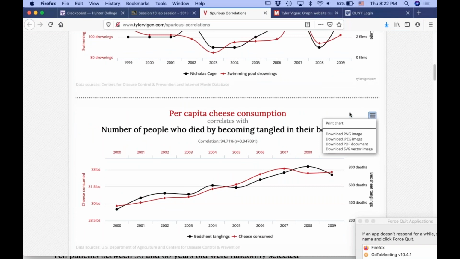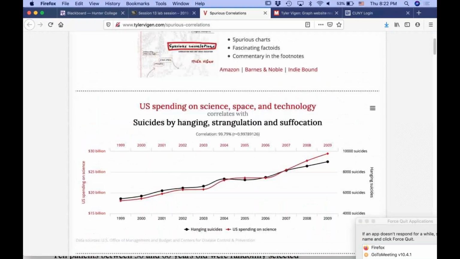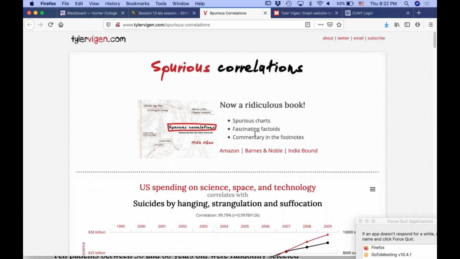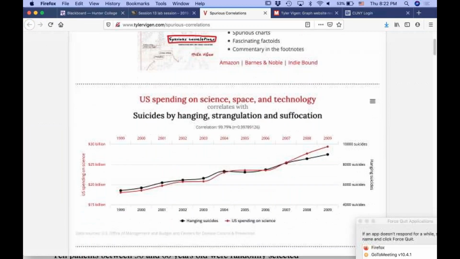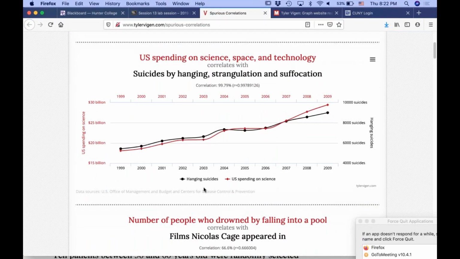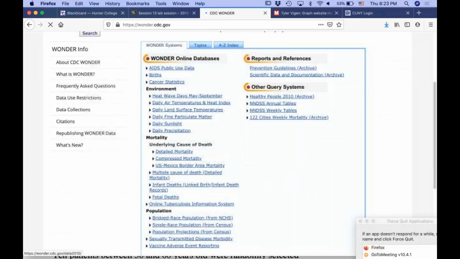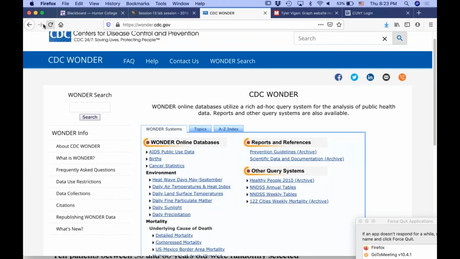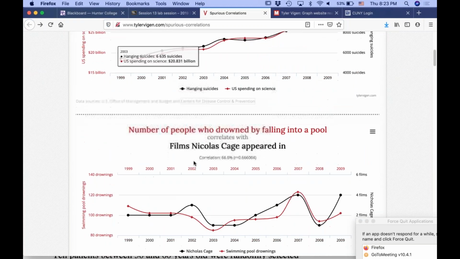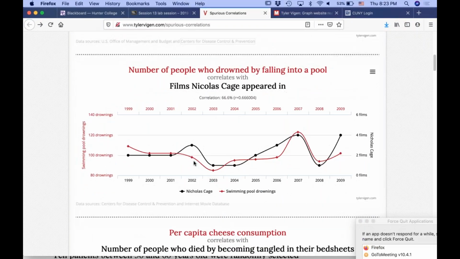Maybe I got to do this. No, I don't want to download it. Let me reload the page. Nope, that's not what I want. I'm trying to get up. Here we go. Up here.